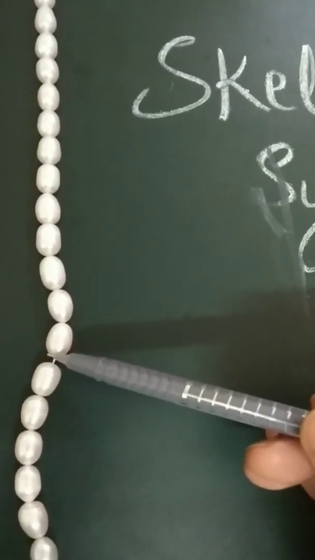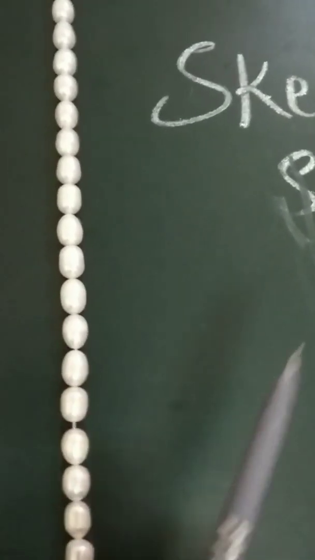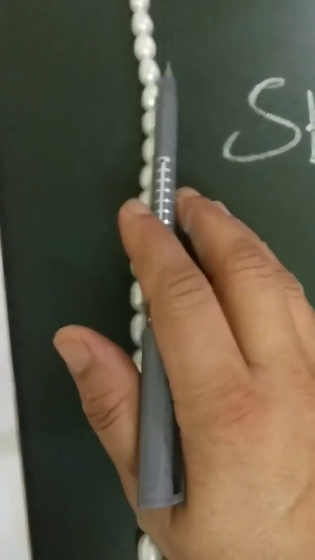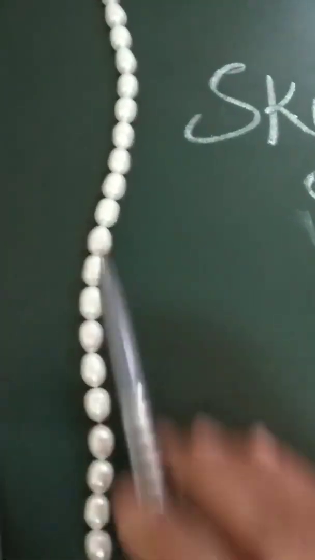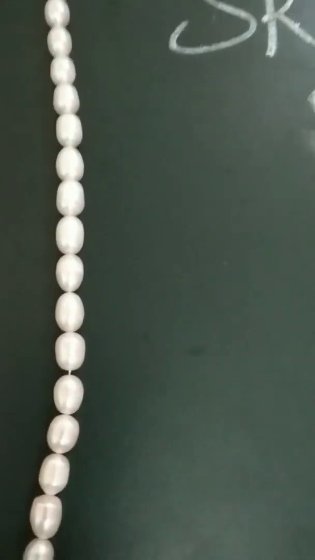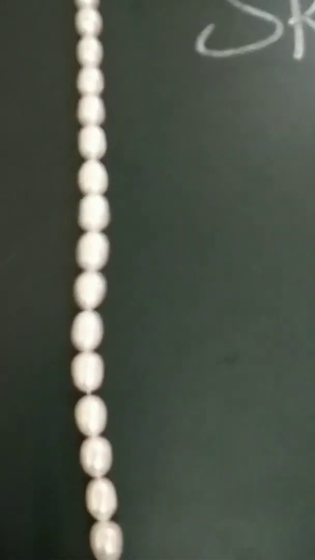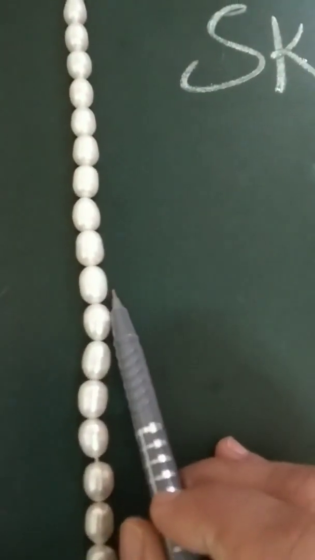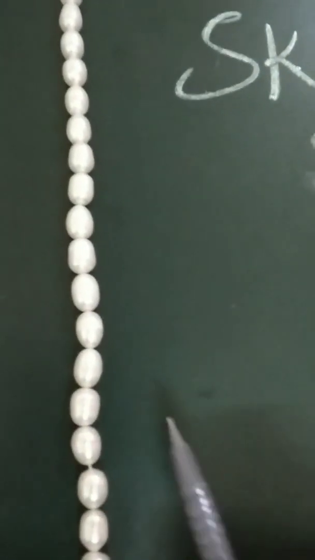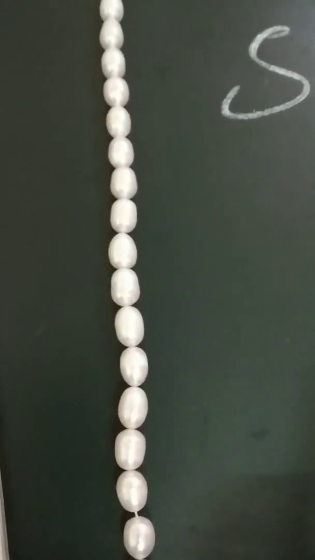This cartilage acts like a cushion, and it is flexible. In the same way our backbone is flexible, due to which we can do any movement with our body. All these things we discussed in the previous video.